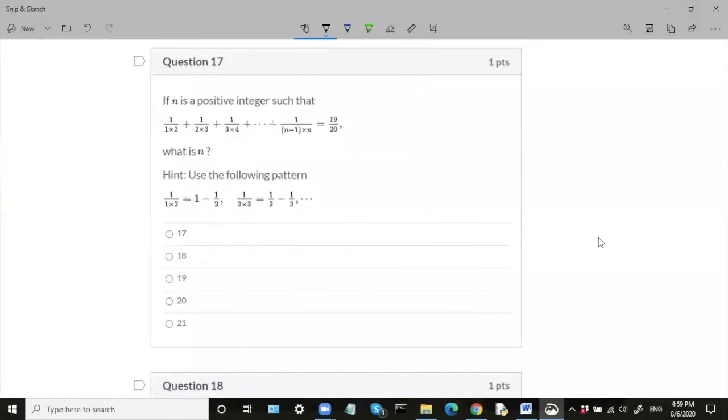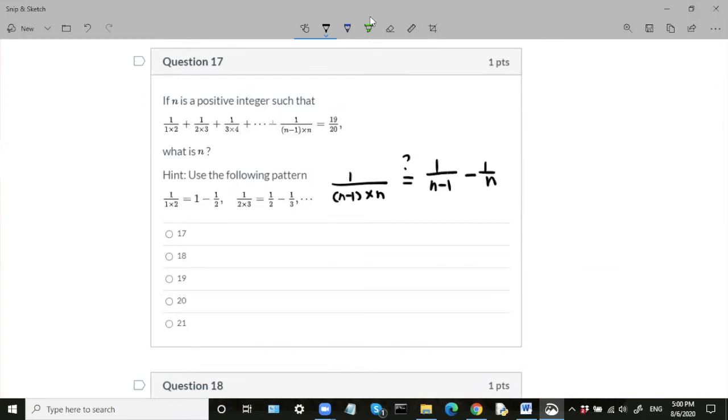Problem 17. If n is a positive integer, satisfy this equation. What is n? Let's look at the hint. From the hint, we might think 1 over n minus 1 times n could equal 1 over n minus 1 minus 1 over n.